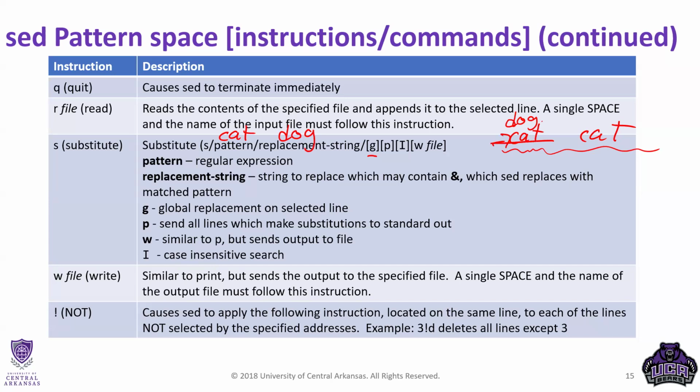But if we were to put the G in, that means global. So on that single line, it would look for all references of cat and replace it with dog. So understand the global has nothing to do with if there's multiple lines with cat, it's only processing one line at a time. So the global is, does cat occur in the same sentence more than once? Not does it occur more than once in the entire document.